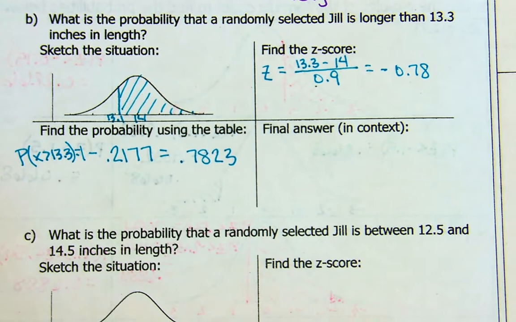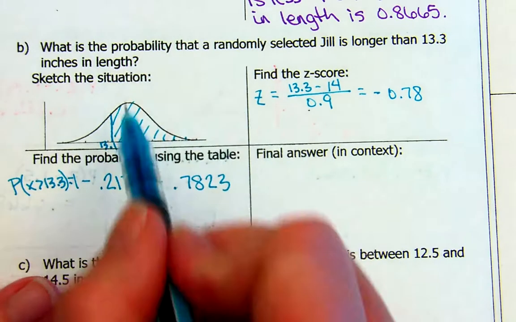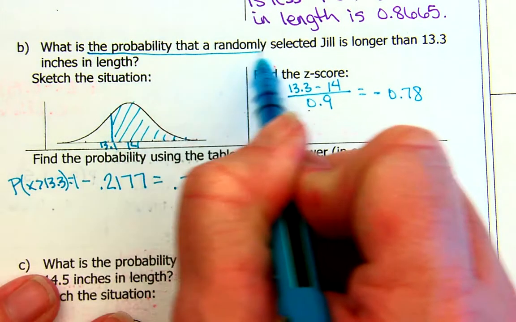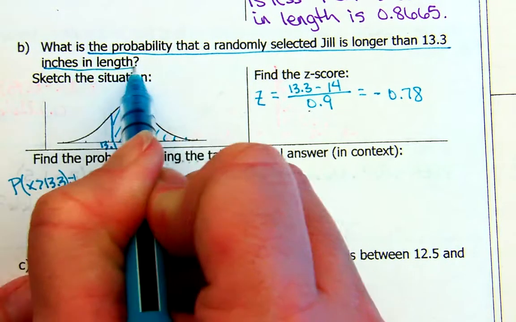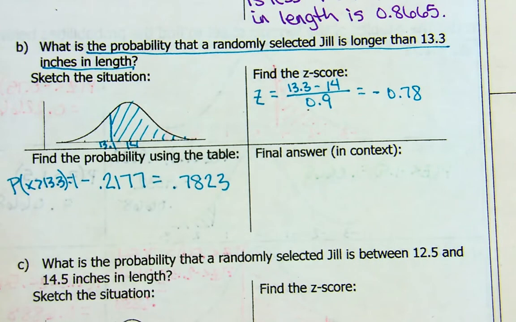Subtract that from 1, I get 0.7823. And to write the answer in context, I go back and see what did the question say. So all of this is my context for that answer.